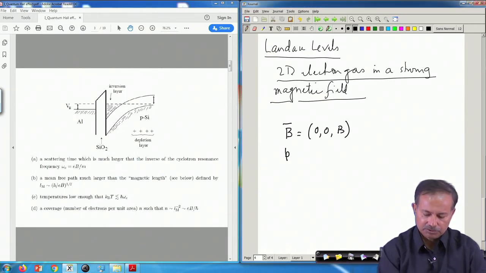So, P we know under a magnetic field goes to P minus e A by c, right.